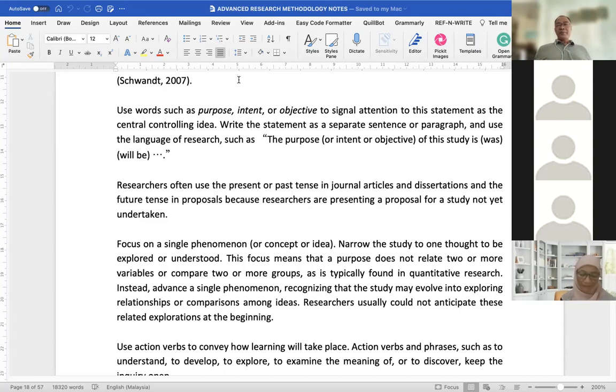Because some people have strong opinions on certain things, right? Some examiners feel this way, the other examiners feel that way. Some suggest you write the research questions first, some suggest the research purpose first. So you just follow, you just want to pass, right?